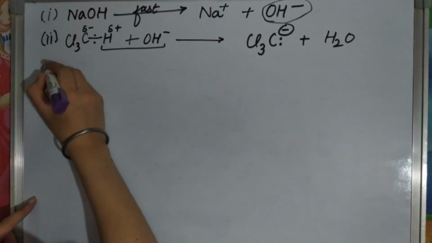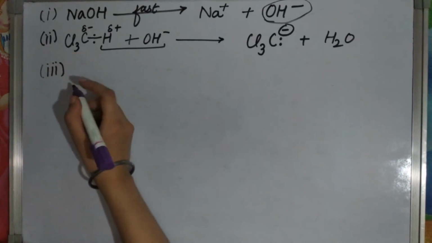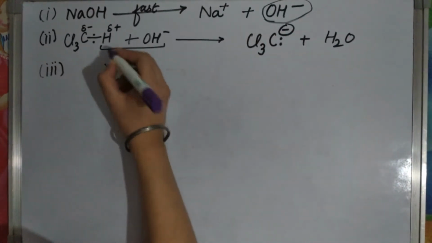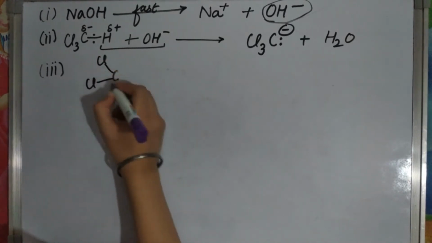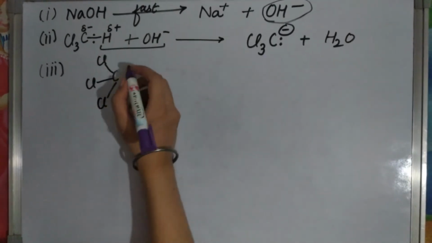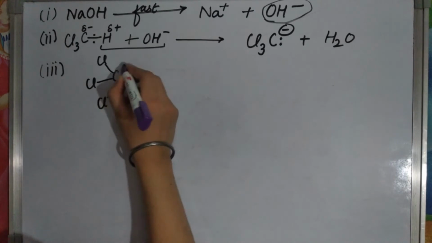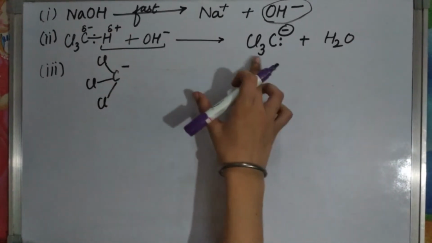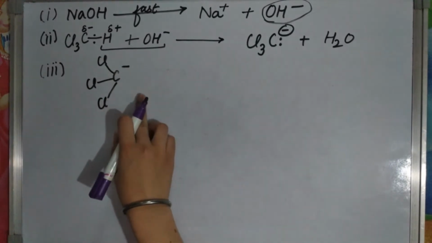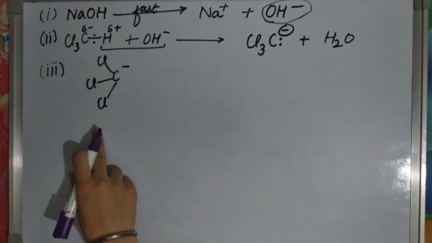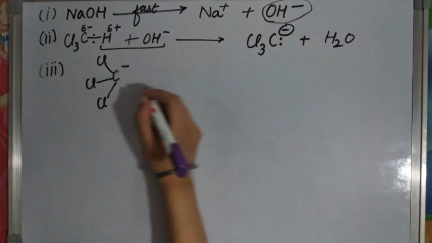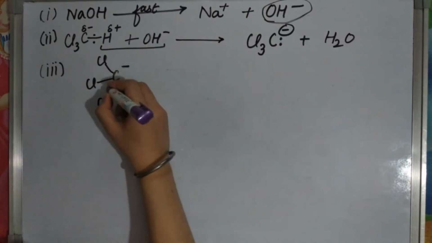Now the third step of the mechanism is we will write down this chloroform in this way, negative. I have just written the chloroform by spreading the chlorine atoms on the carbon, just showing the bonds, right? Now we said that these two electrons are with carbon. Let's show it here.